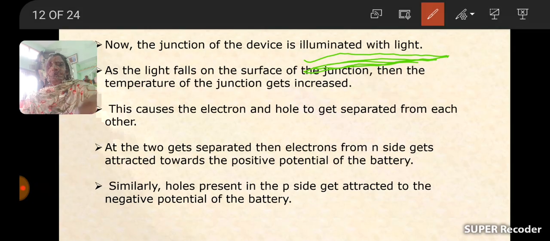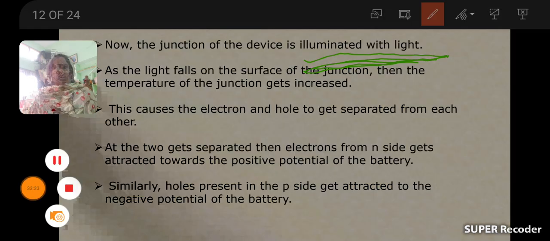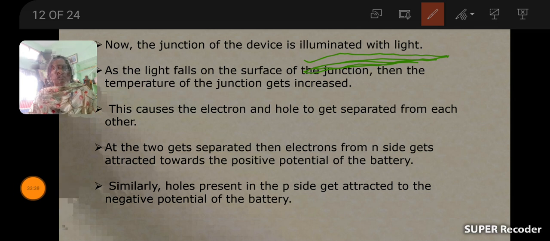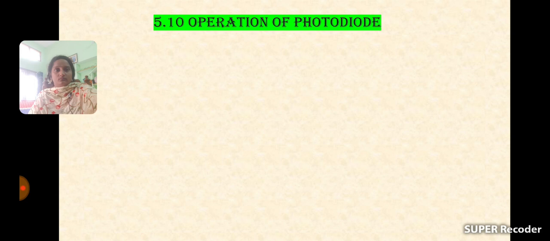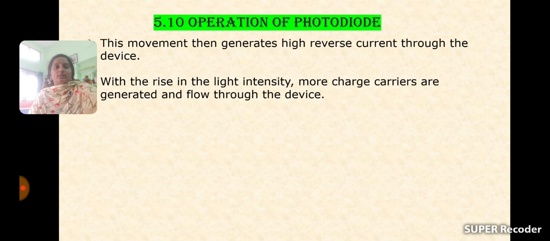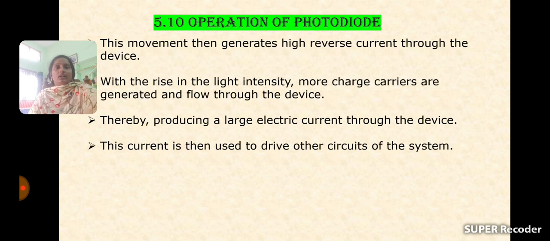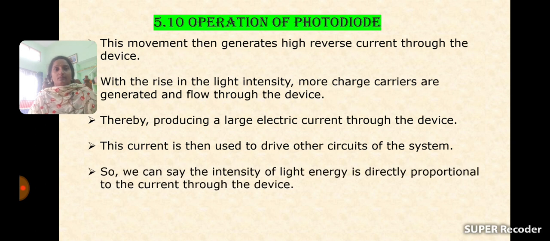Similarly, holes present in the p side get attracted towards the negative potential of the battery. This movement then generates a high reverse current through the device.